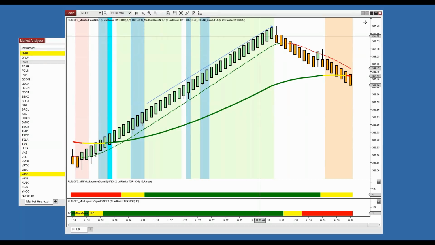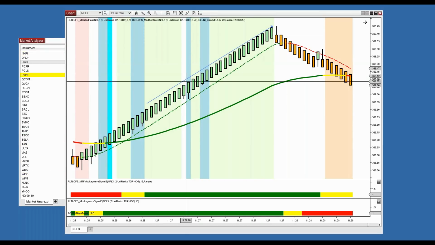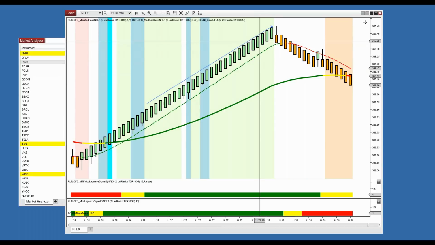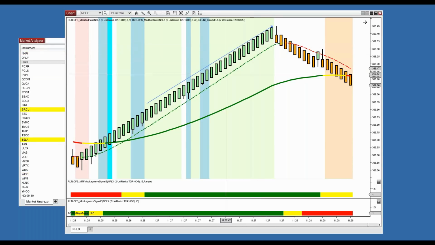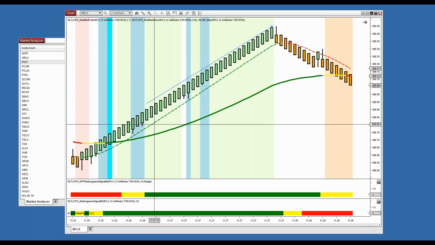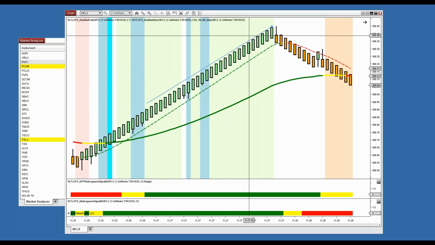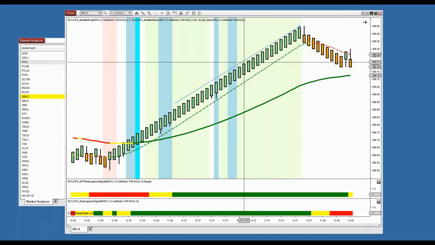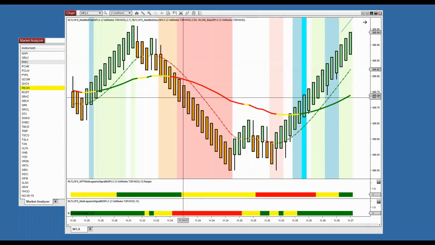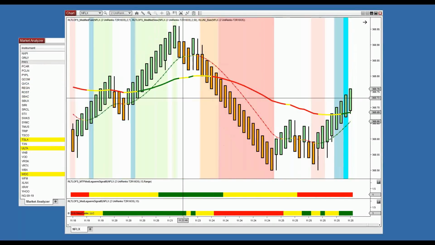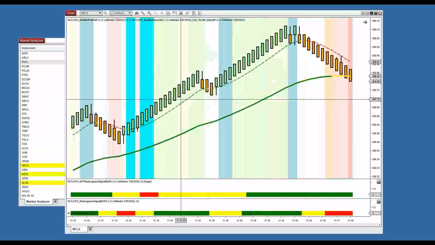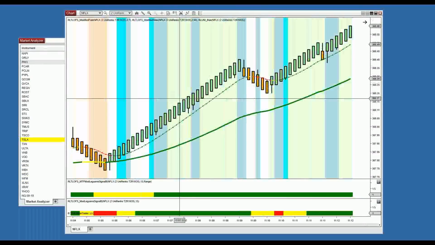And your risk to reward here is going to be 4 to 1 or 5 to 1 on every trade you take. If you take one loser, you can blow it away so easily. And here's another short. Well, there's no short trade. So I just wanted to give you an idea.